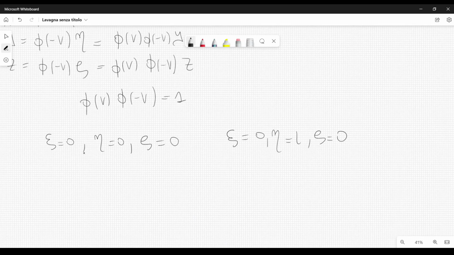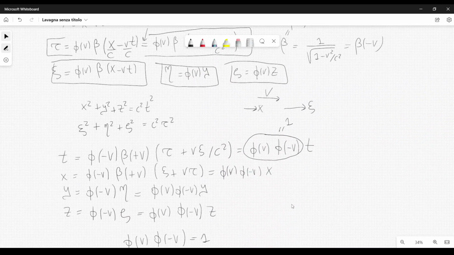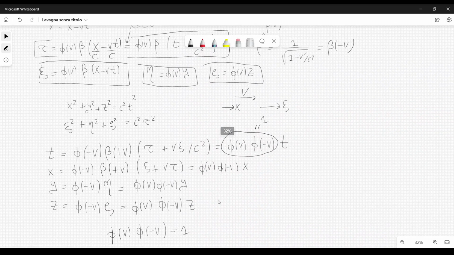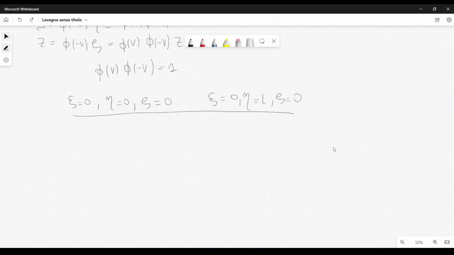So if you simply substitute these values here, let me show you, these laws will become like this. You will get x1 equal to v times t, y1 equal to L over phi of v, and z1 equal to 0.